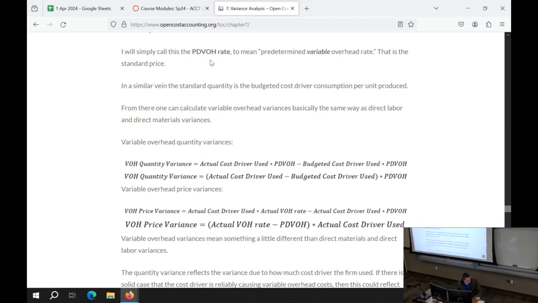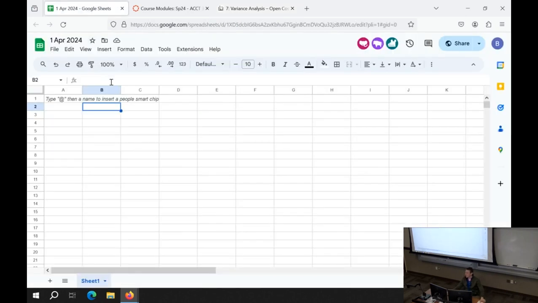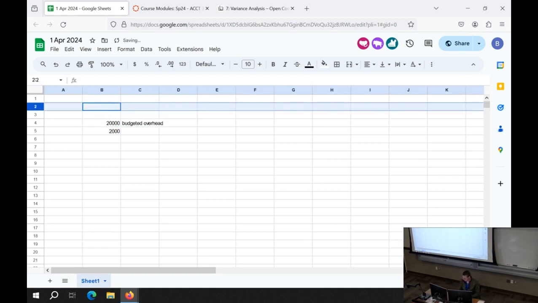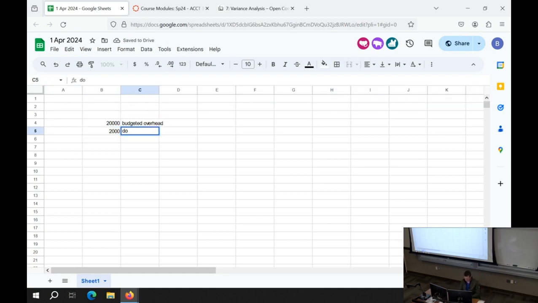So if we're using job order costing, we'll put it in the spreadsheet just to keep it. Let's say we have budgeted 20,000 overhead and we budget 2,000 cost driver units for the period.